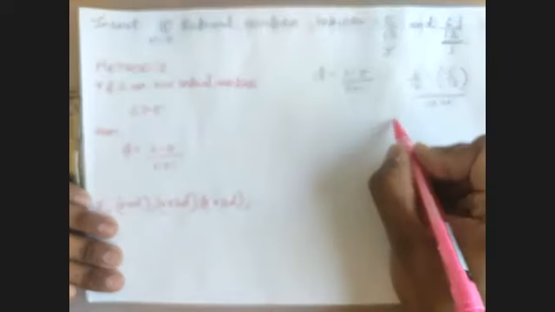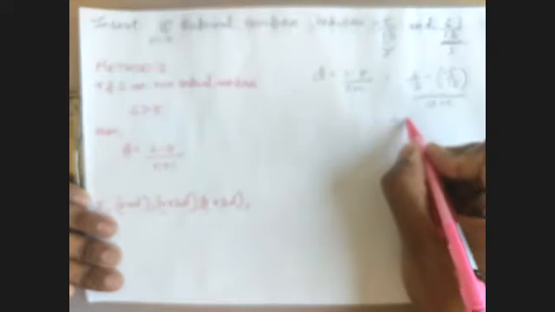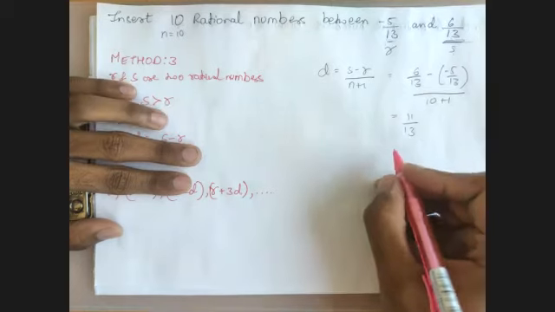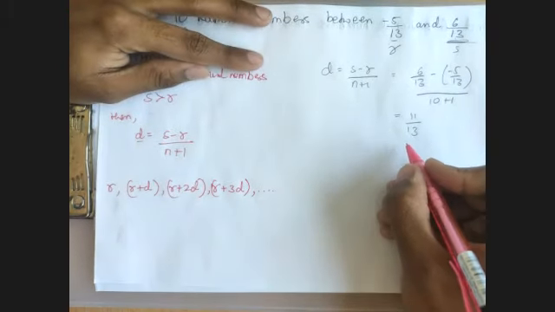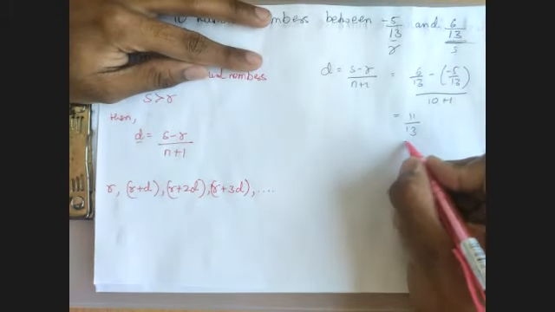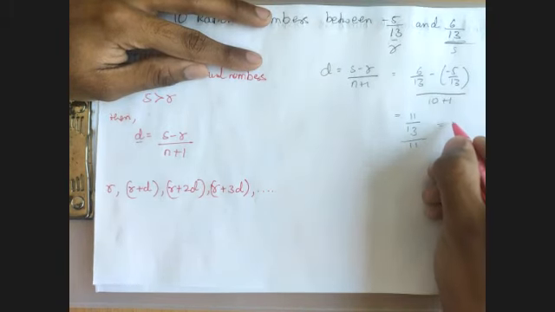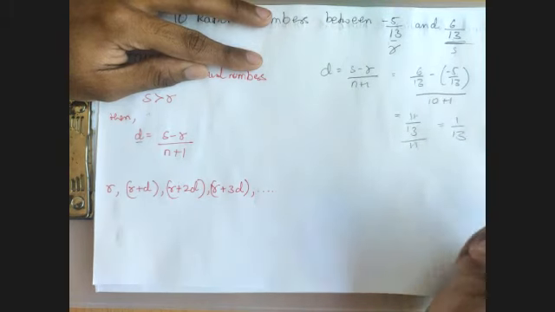So what is this? This is nothing but 11 by 13 divided by 11. So 11 gets cancelled, and I would be left with 1 by 13.